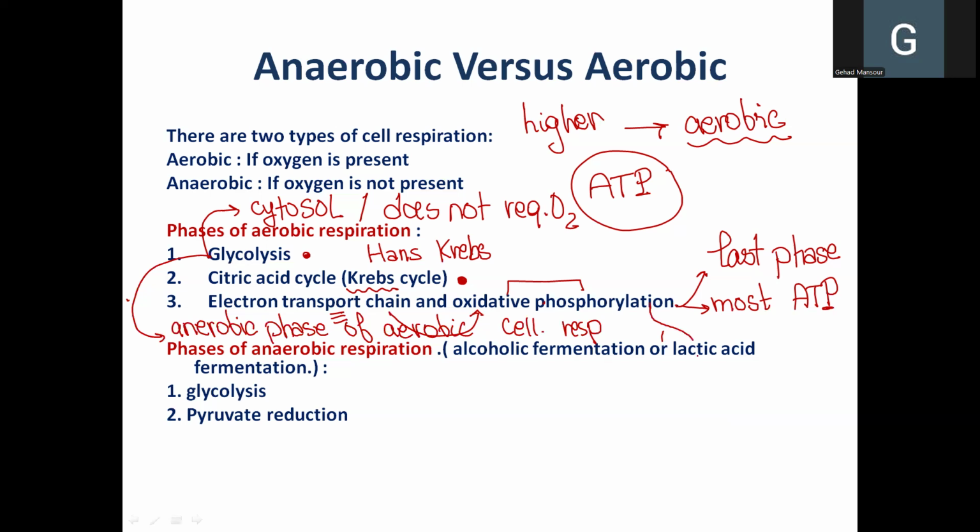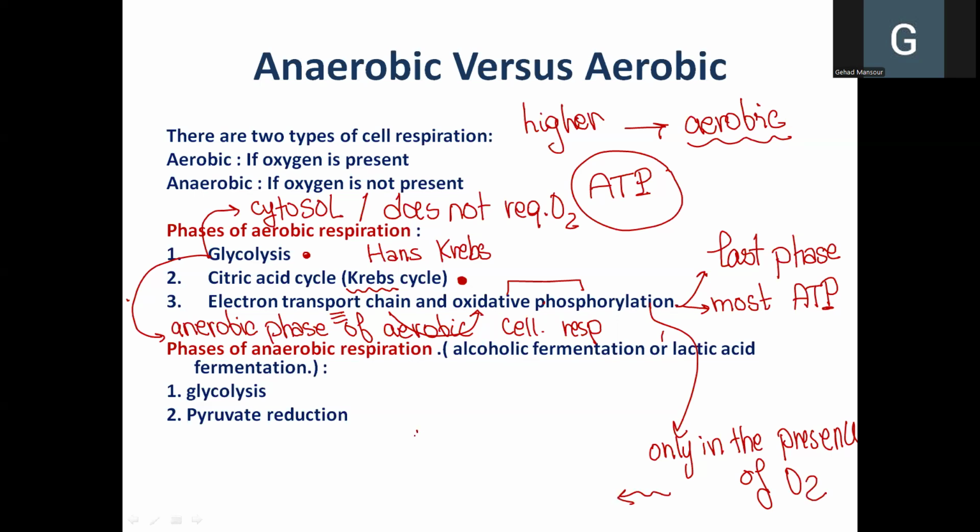On the other hand, the electron transport chain and oxidative phosphorylation is purely aerobic because it will occur only in the presence of oxygen. Why only in the presence of oxygen? If oxygen is not present, this electron transport chain will not occur.